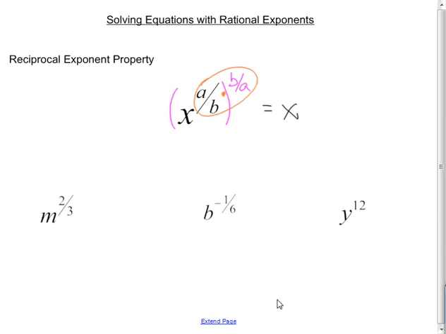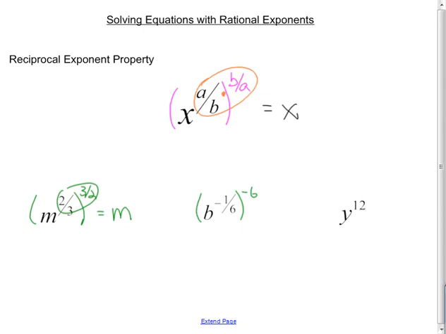To elaborate further with these three examples, I'm going to apply the reciprocal exponent property sort of randomly so you see how it works. These are not equations, you're not solving them. If you were given m to the 2/3 and raised that to 3/2, the 2/3 and 3/2 would cancel each other by the power-to-power property, and you would get m to the first. Similarly, if you had b to the negative 1/6 and raised it to its reciprocal exponent, the reciprocal of negative 1/6 is negative 6, not 6.